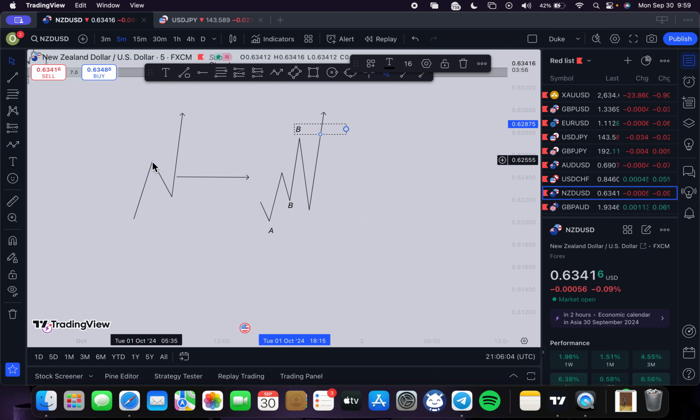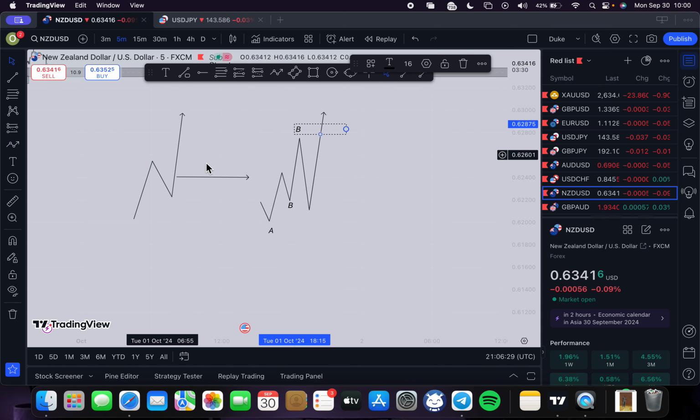Remember that here is your substructure, right? Then here is your minor structure. From here to here is your minor structure, right? Then the overall is your swing. So now let me explain again what happens inside this trend.